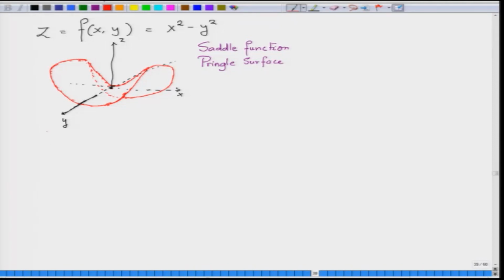A very simple example of a function f from Rn to R is a function called a linear function. It does not matter what n is.